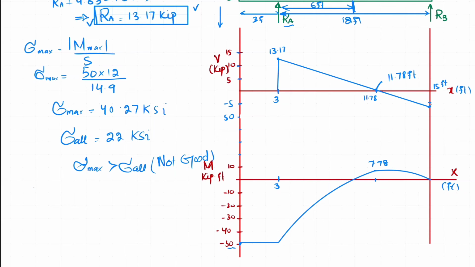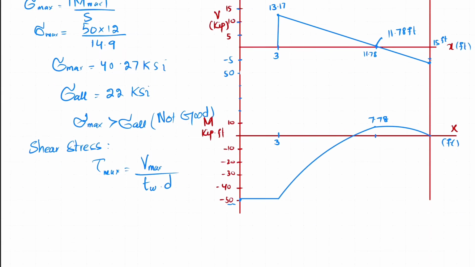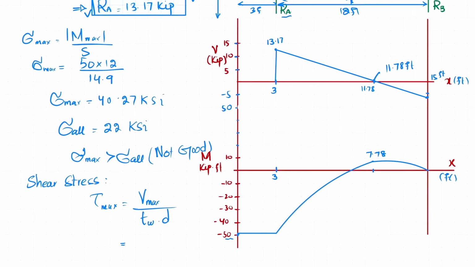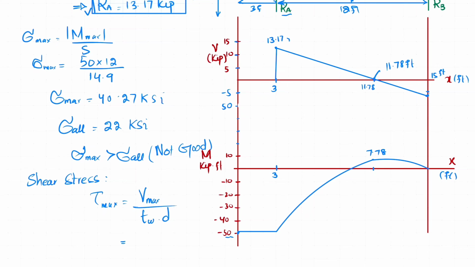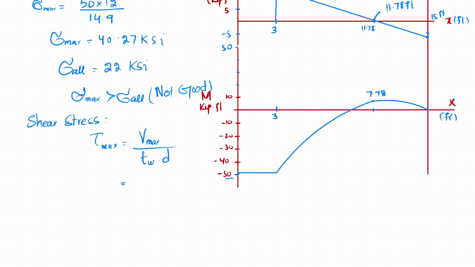We will also check for shear stress, and then we will conclude. We know that maximum shearing stress is equal to maximum shear force divided by thickness of web into depth. So you have all the values. Maximum shearing stress is 13.13 divided by thickness of web, which was 0.20, and its height was 11.91.